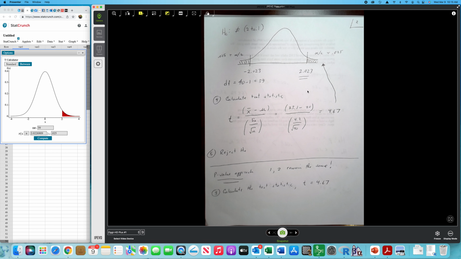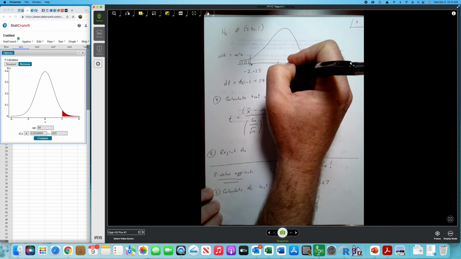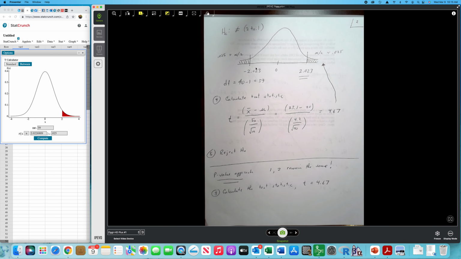Now, because of symmetry, if I have 2.023, I know that to have area 0.025 to the left of some value in the T distribution, mean 0, this has to be negative 2.023. But what if you forget that?